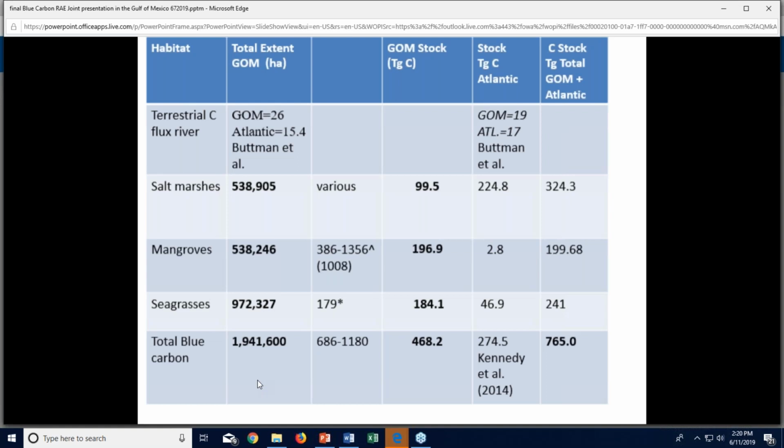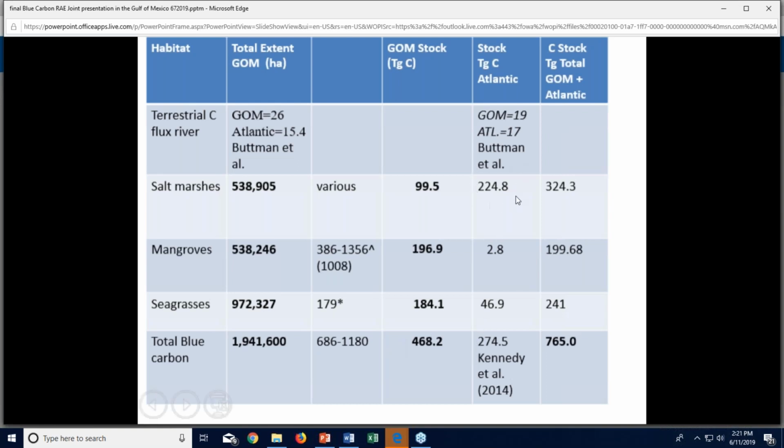But what we have now is about 468 teragrams of carbon in the Gulf of Mexico, and I want to compare that to the East Coast just briefly.